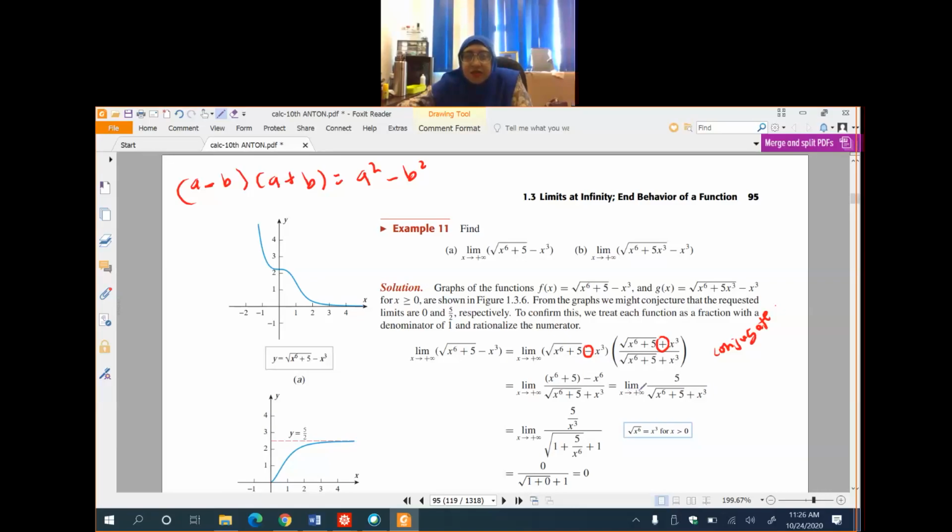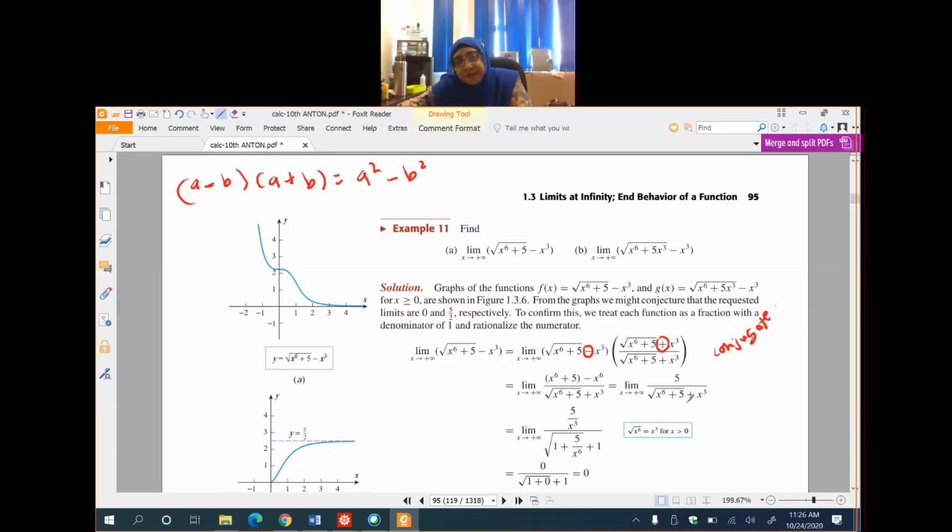As x tends to plus infinity, the numerator doesn't involve any radical sign anymore, but we still have the radical sign for the denominator. For the denominator, it is fine. Okay, if you substitute infinity here, it will give you infinity.